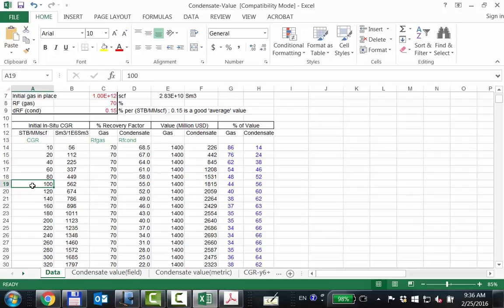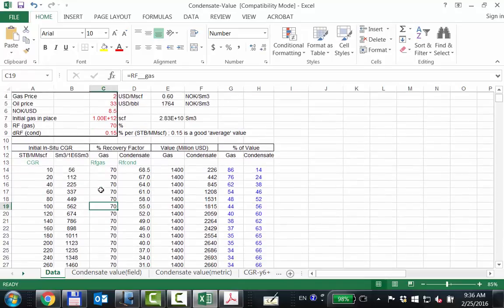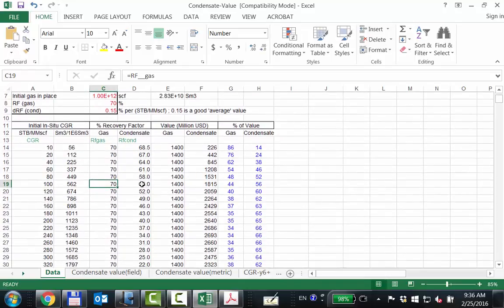I think Sleipner, which is the biggest gas condensate field in Norway, pretty sure, is around 100-ish barrels per million standard cubic feet, which is equivalent to 560 standard cubic meters of condensate per million standard cubic meter of gas. So if we recover 70% of all the gas that we have initially in place, we might only produce by depletion probably less than 55% of the condensate.